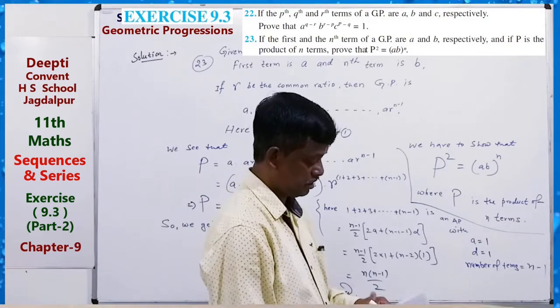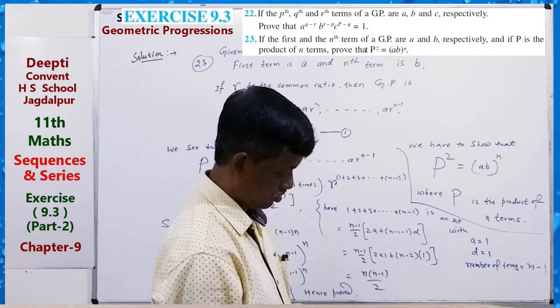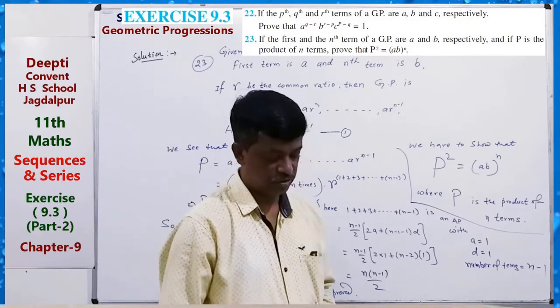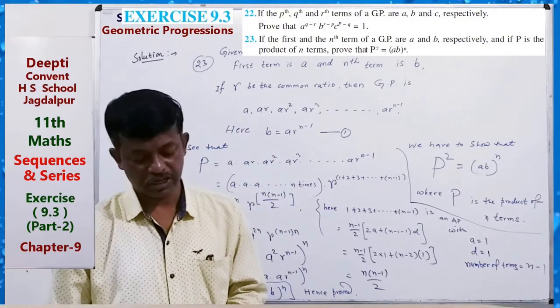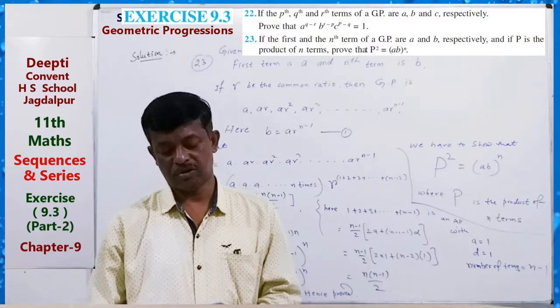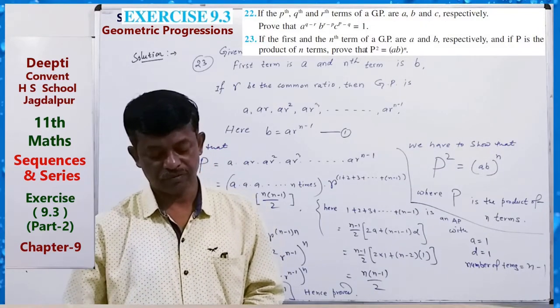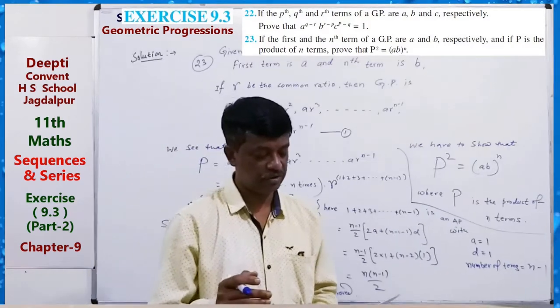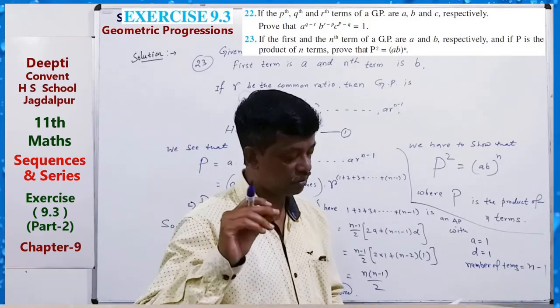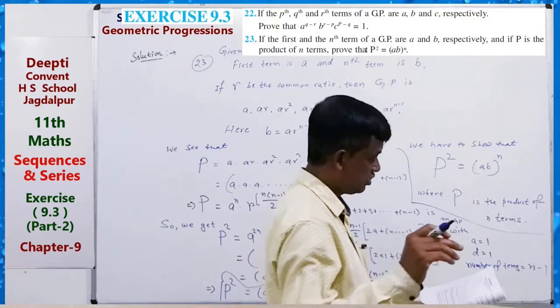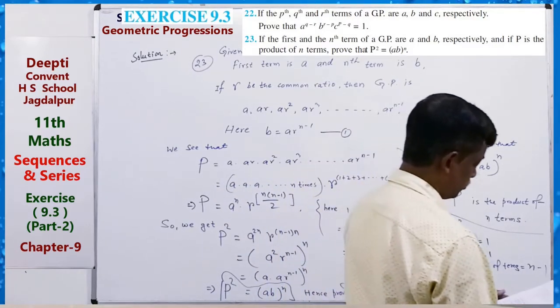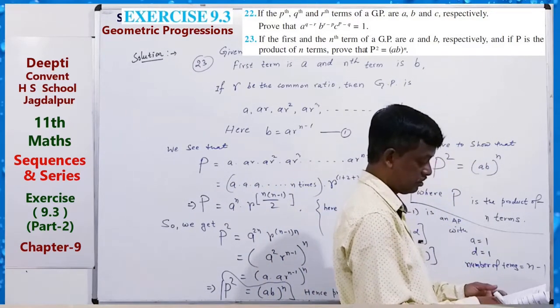And 24. Show that the ratio of the sum of first n terms of a GP to the sum of terms from n plus 1 to the 2n term is 1 by r to the power n.